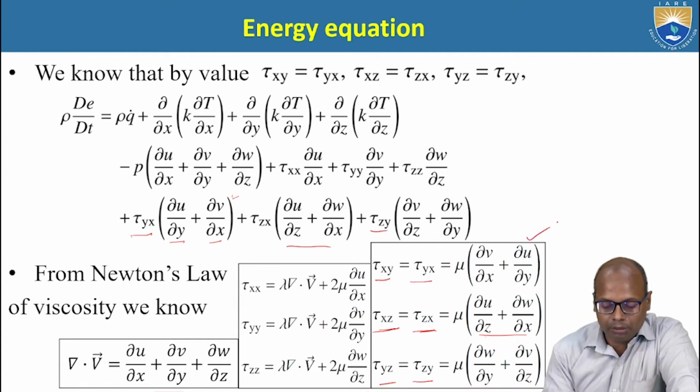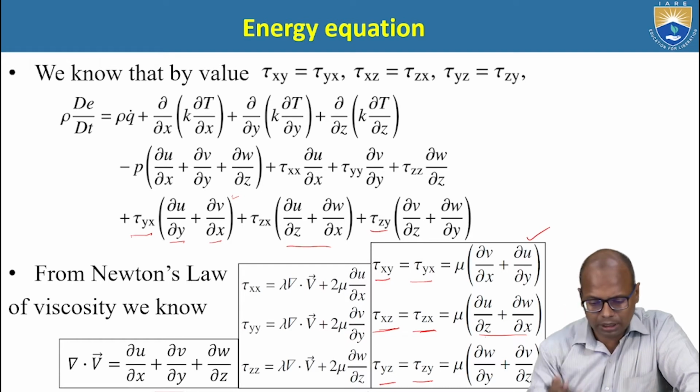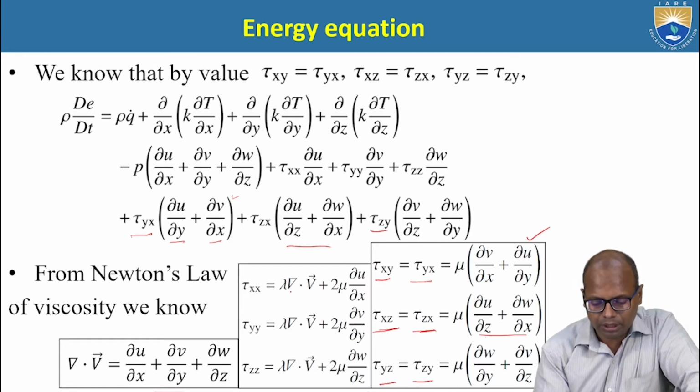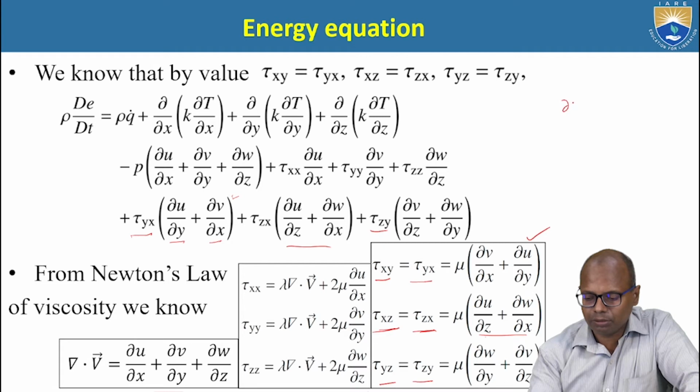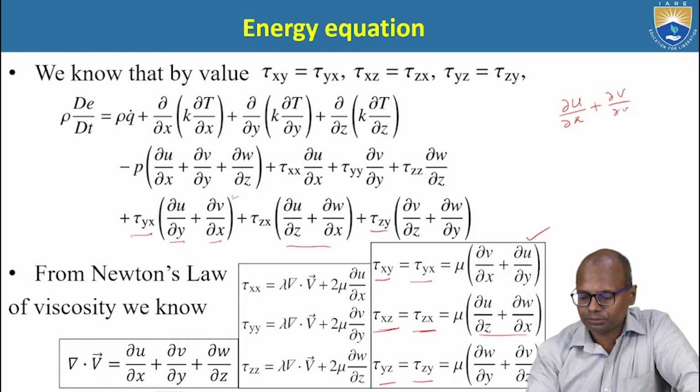Now coming to this one, what is there here? I have lambda into del dot v bar. What is del dot v bar? Del dot v bar is equal to dou u by dou x plus dou v by dou y plus dou w by dou z.